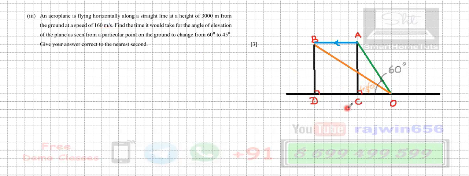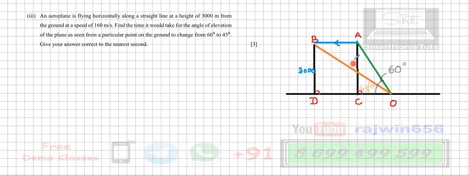The height of the aeroplane is given. These are the vertical black lines that I have drawn, BD and AC. This height is 3000 meters. Okay, I'll just write that down. So BD and AC, both of them are 3000 meters.